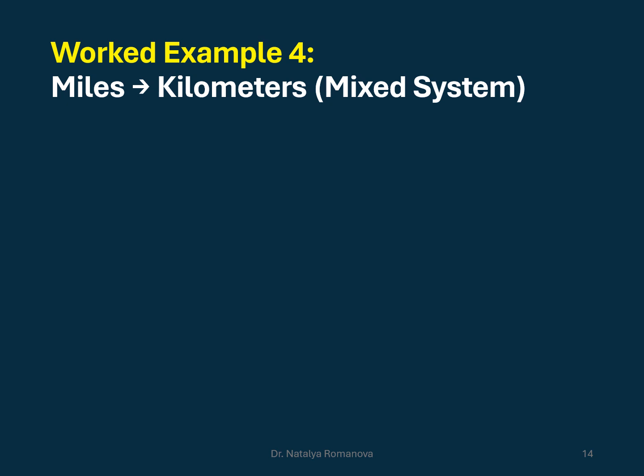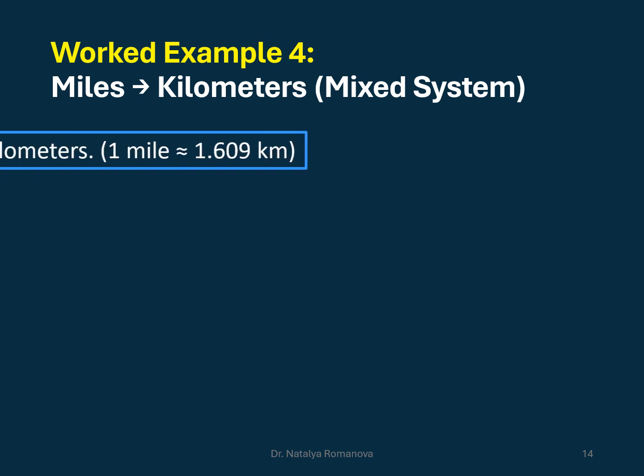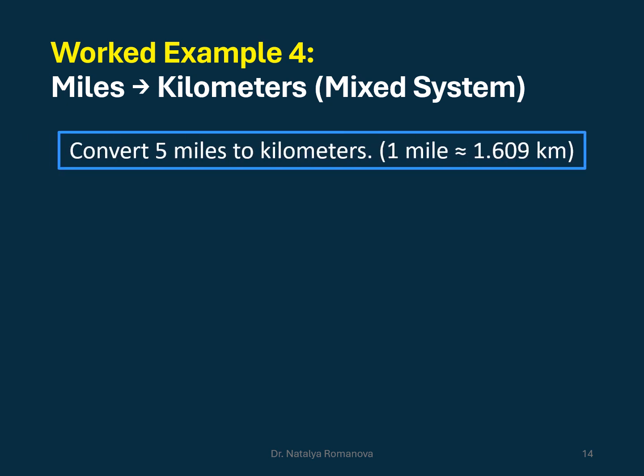Next example is more complicated. Now we convert between systems, 5 miles to kilometers. The ASVAB will give you the conversion factor. 1 mile equals 1.609 kilometers. We write 5 miles, and we follow our rule. Multiply by 1.609 kilometers divided by 1 mile.